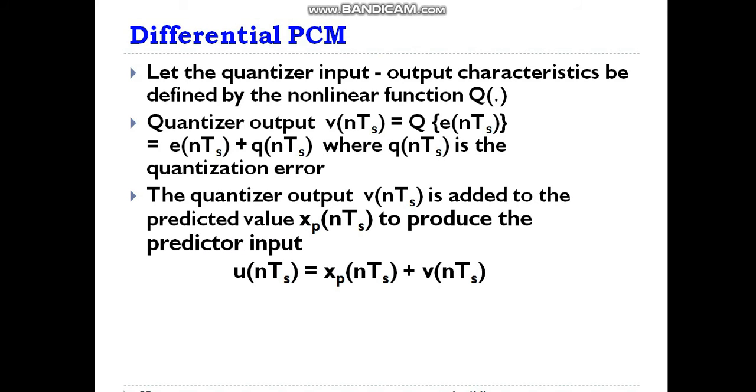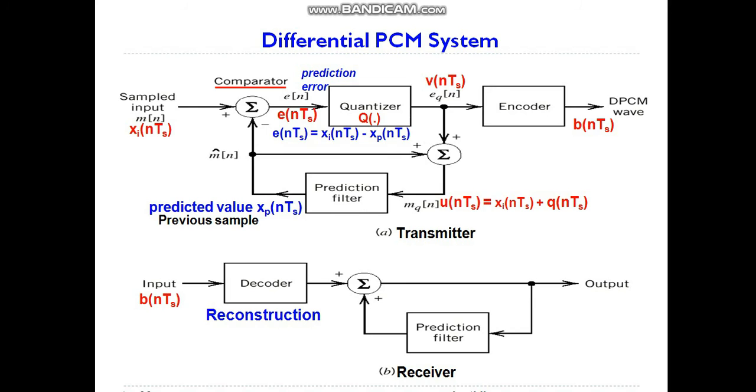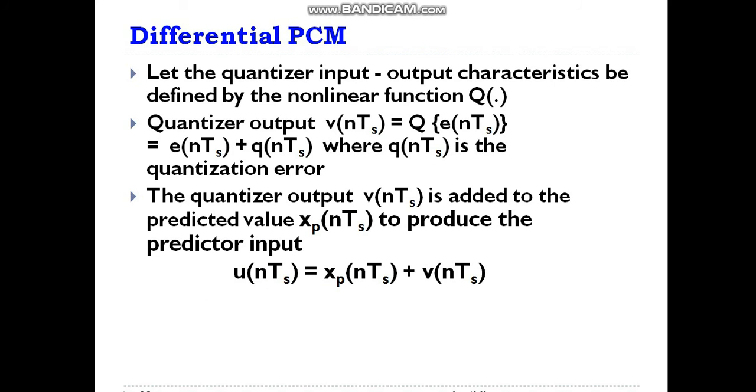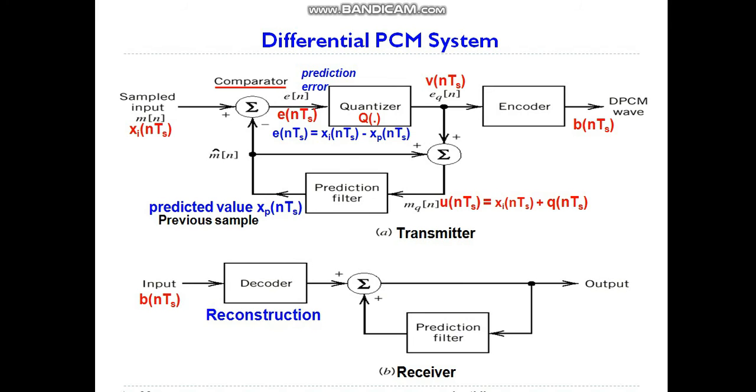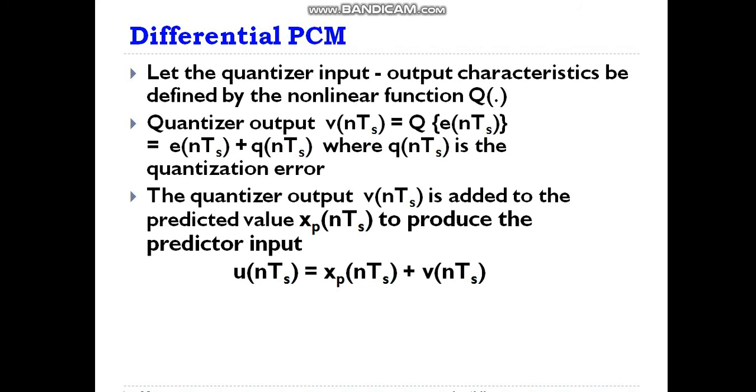Next, let the quantizer input-output relation be defined by a non-linear function q of dot. So the quantization output is taken as v of nTs, which equals q of e of nTs. That is equal to e of nTs plus q of nTs, where q of nTs is the quantization error.